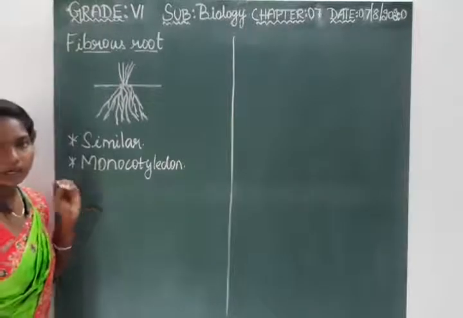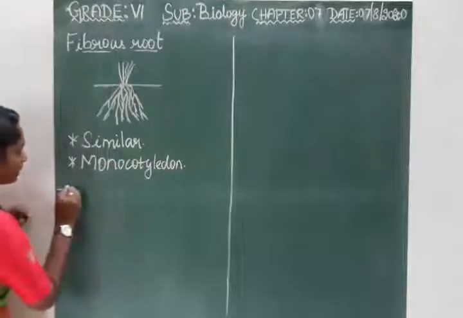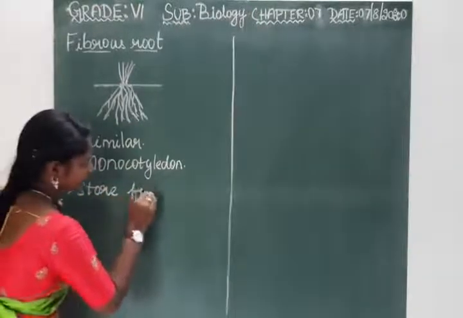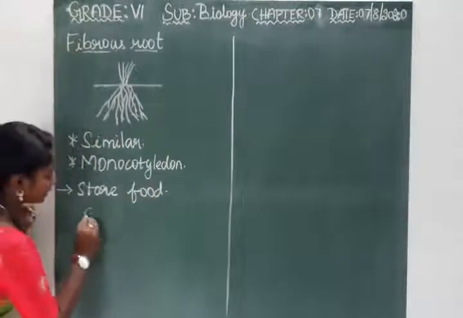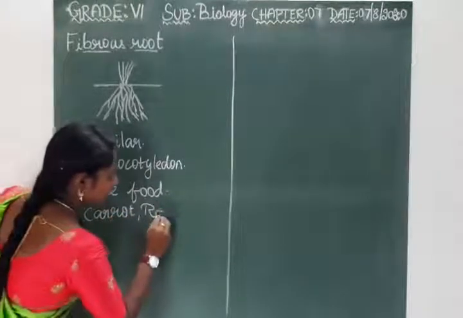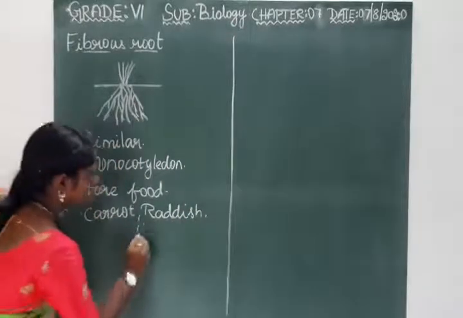And another role: in some roots they can store the food also. They store food. You can see this in plants like carrot, radish, and turnip.